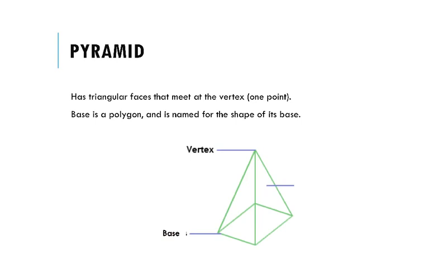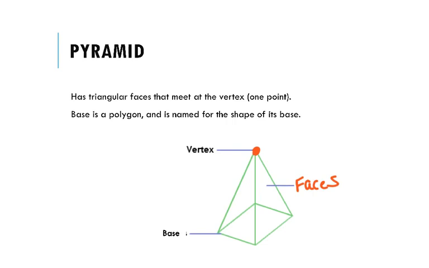A pyramid has triangular faces that meet at a vertex, so that meet at one point. And these are considered the faces. Now, your base is a polygon, and the pyramid is named for the shape of its base.